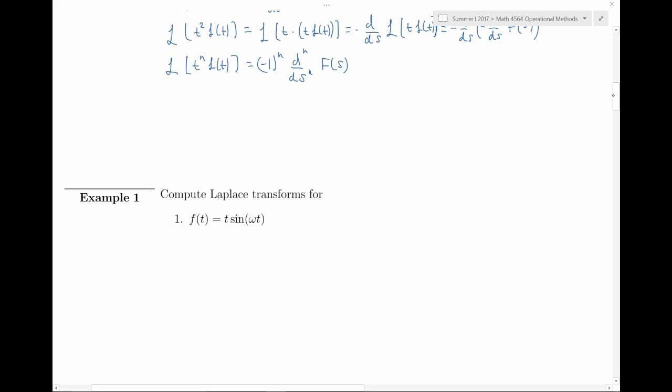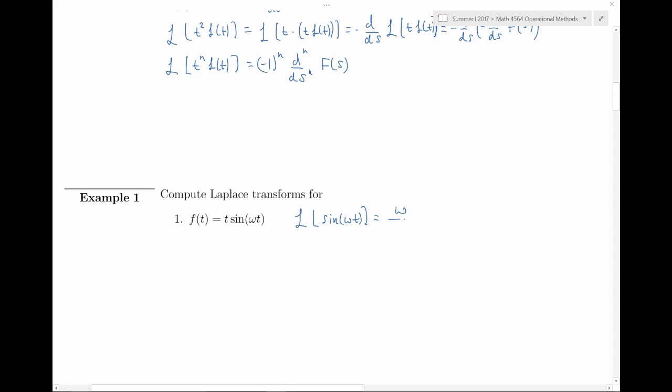We have a very simple function, t times sine of omega t. You can imagine trying to find a Laplace transform with the integral definition will involve several integration by parts. But here we can just say that the Laplace transform of sine of omega t is known to us.